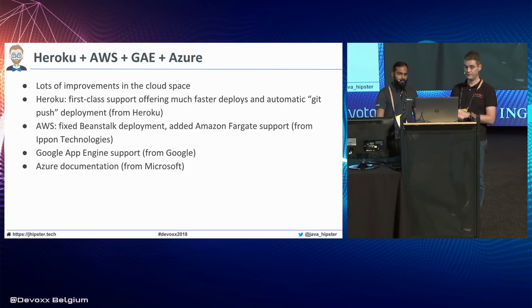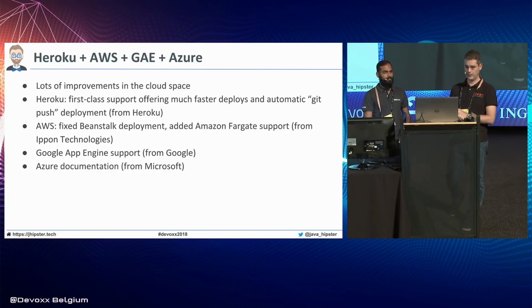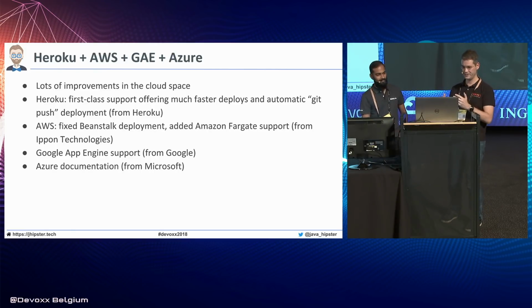And from Azure, we've got help from Bruno Borges, from Microsoft. He just did documentation, and it looks like he did less work, but in fact it's because it's easier with Azure. It's because probably Azure is better done, so you just need to document stuff.